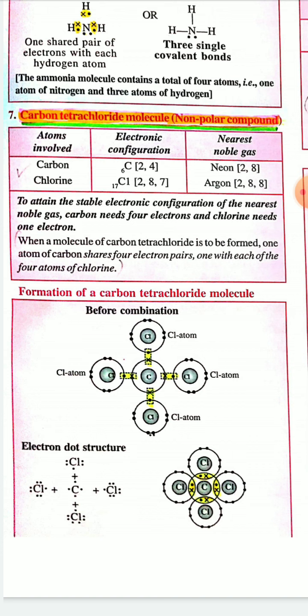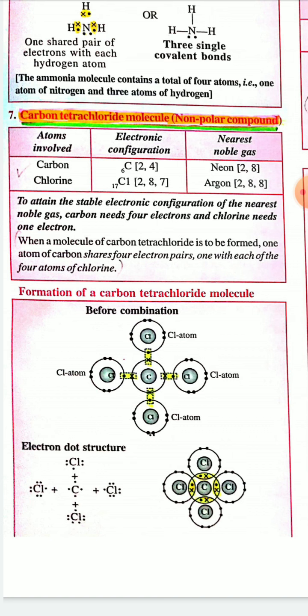So to attain the stable electronic configuration of the nearest noble gas, carbon needs 4 electrons and chlorine needs 1 electron. When a molecule of carbon tetrachloride is to be formed, one atom of carbon shares 4 electron pairs, one with each of the 4 atoms of chlorine.